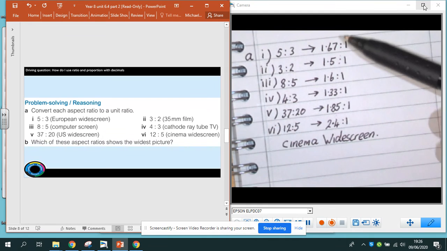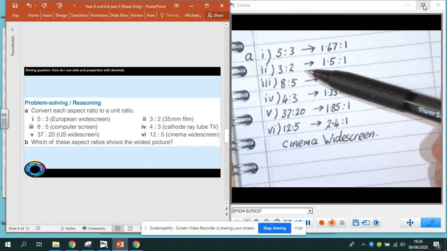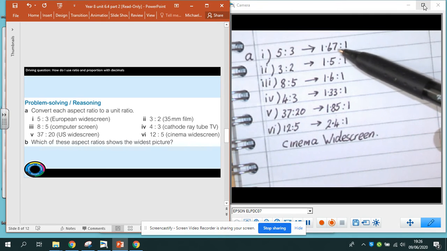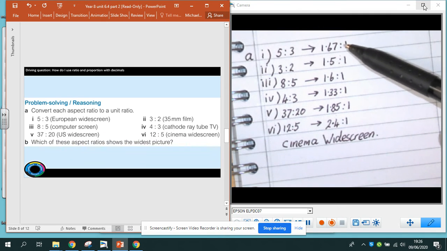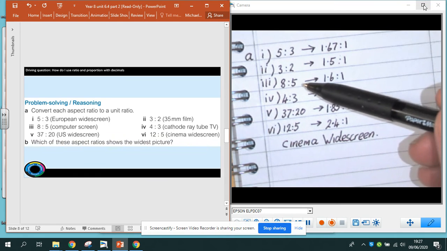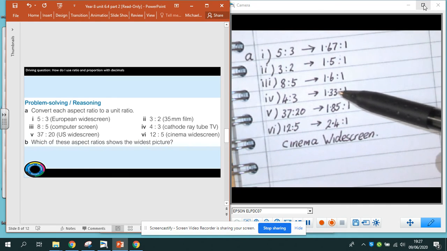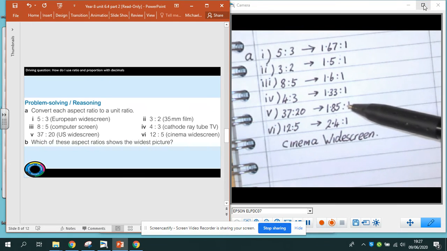Okay, so working our way through it, 5 to 3 gives us 1.67 to 1. 3 to 2 gives us 1.5 to 1. 8 to 5 gives us 1.6 to 1. 4 to 3 gives us 1.33 to 1. 37 to 20 gives us 1.85 to 1.